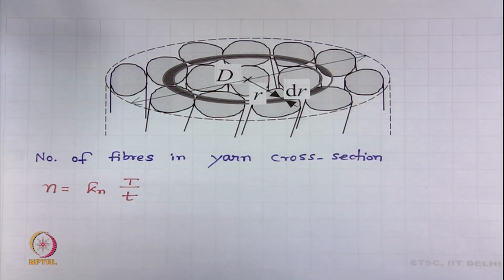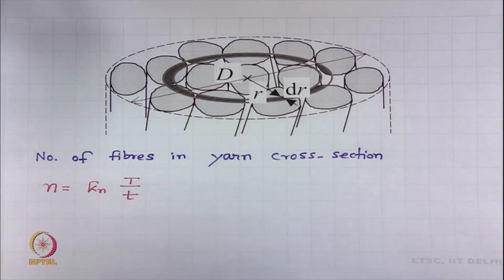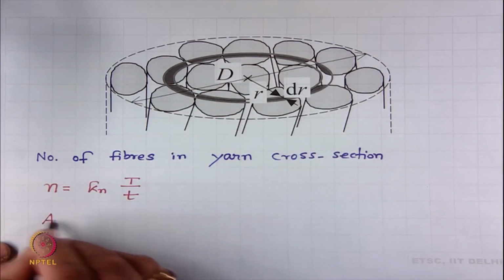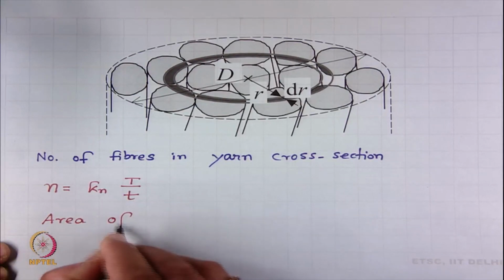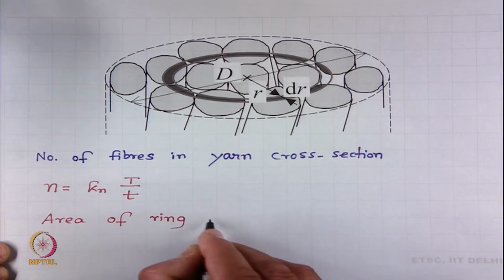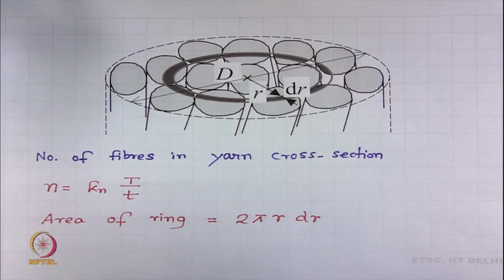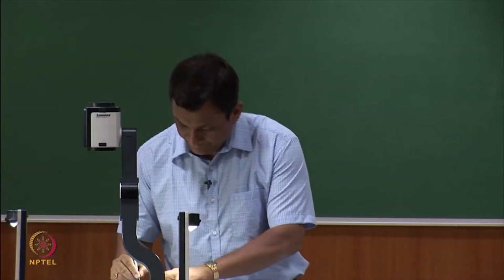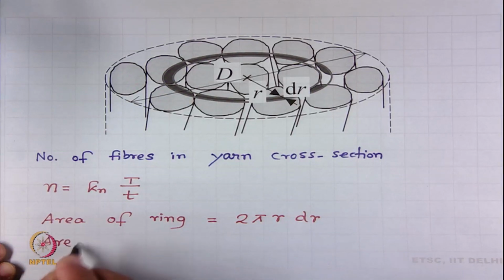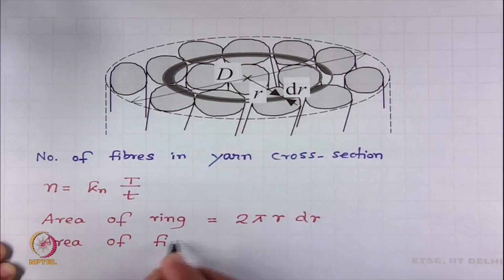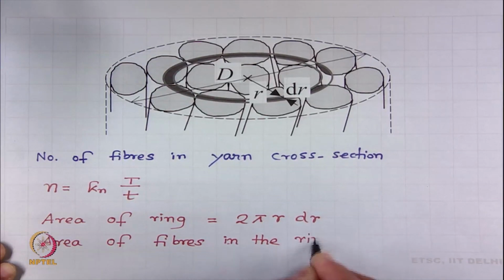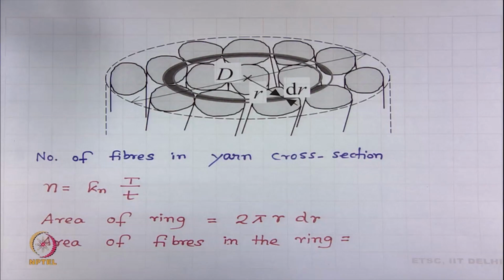Now, what is the area of this ring? Two pi r dr. So, this is the area of the ring.